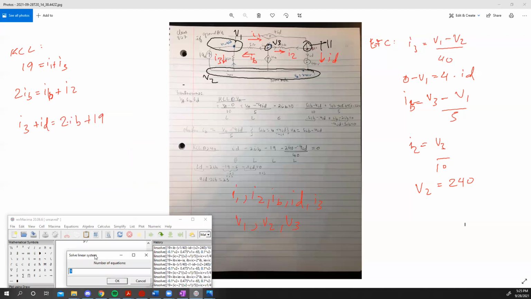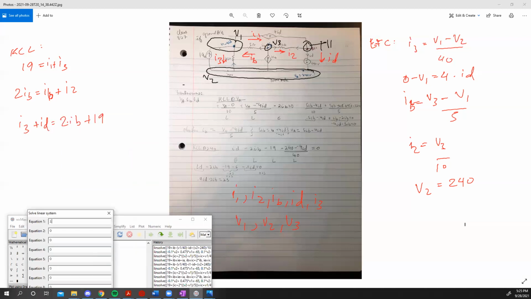Okay, so there's 8, right? So we got 19 equals I1 plus I3. 2 times IB equals IB, it's IB, right? 2 IB, yeah, IB plus I2, I3 plus ID equals 2 times IB plus 19.